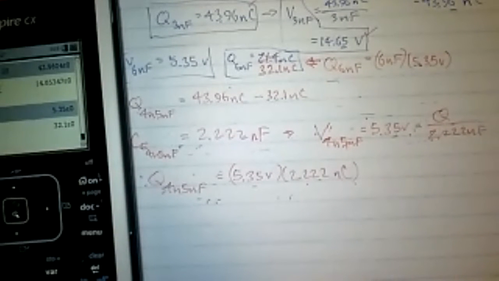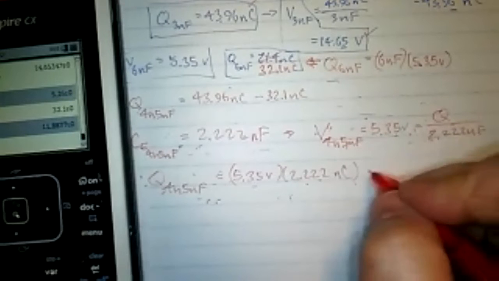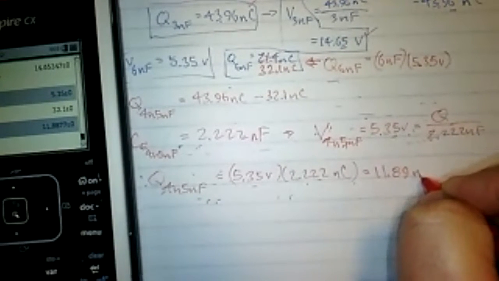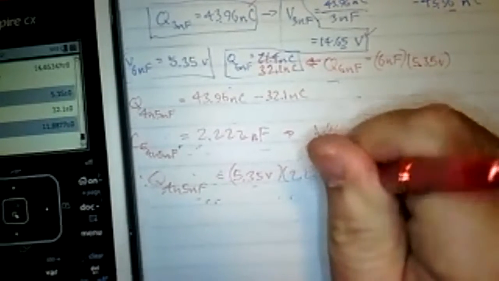So 5.35 times 2.222 gives me 11.89 nanocoulombs. And that's just nanofarads, not nanocoulombs.